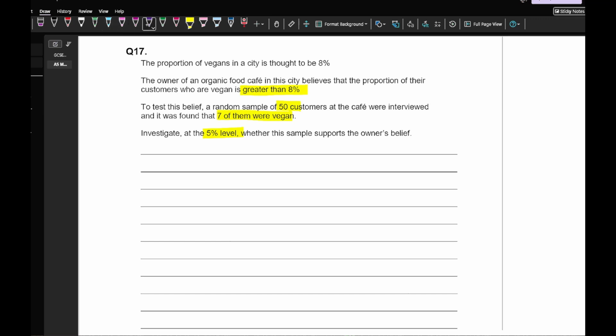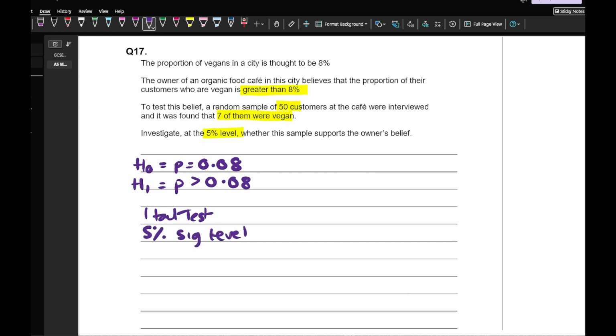So for this, what we need to state is the H0 is that p is equal to 0.08, and the alternative hypothesis is that p is greater than 0.08. So we're looking at a one-tail test at a 5% significance level, and we're looking at a binomial distribution with the parameters being 50 and 0.08.